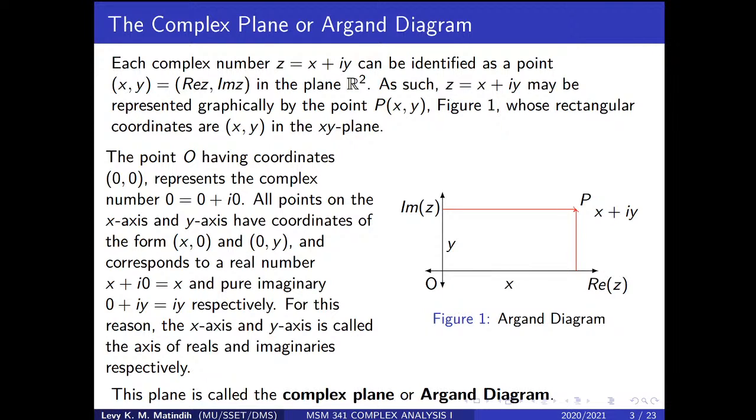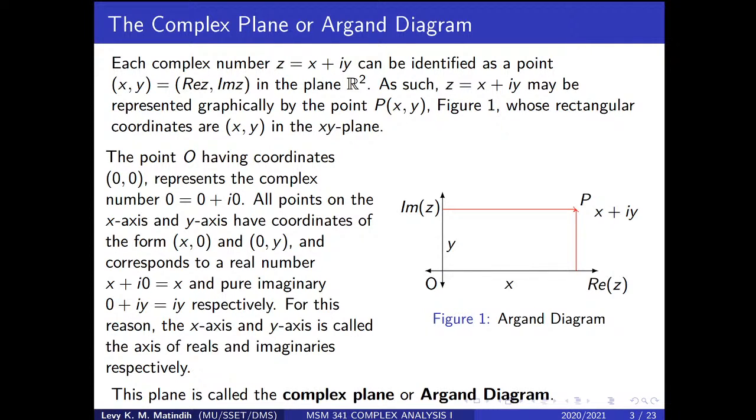So this point, the origin, represents the complex number 0, which is equal to 0 plus 0i. Now, all the points on the x-axis and y-axis have coordinates of a special form. Along the x-axis, every time we pick a point, the y coordinate will be 0, but the x coordinate will be given.